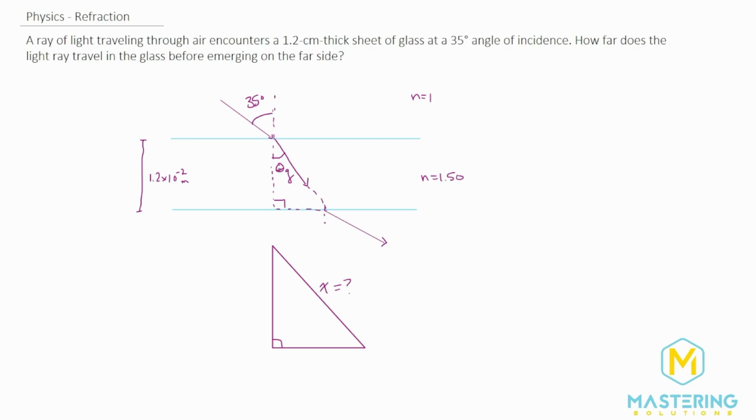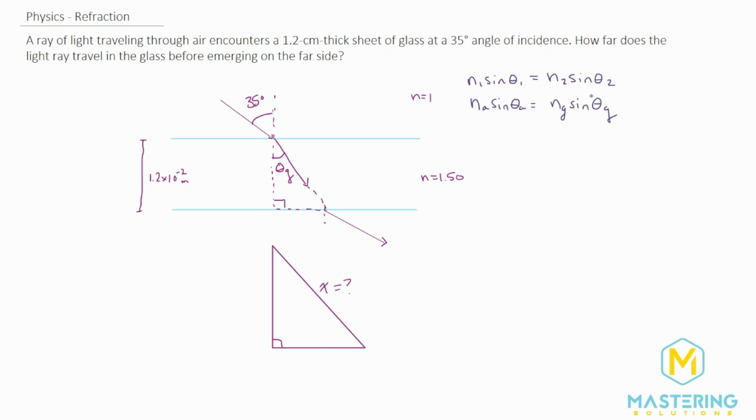To do that, we need to use Snell's law to figure out this angle right here. We know that Snell's law is n1 sine of theta 1 is equal to n2 sine theta 2. And we can replace the n1, theta 1 and n2, theta 2 with what they are. We'll say air and glass, right? So n of the air times sine of theta in the air is equal to n of the glass times the sine of the theta of the glass.